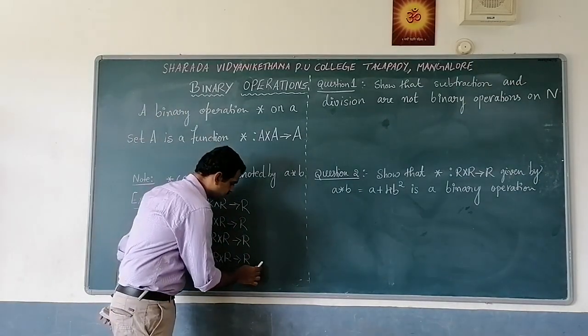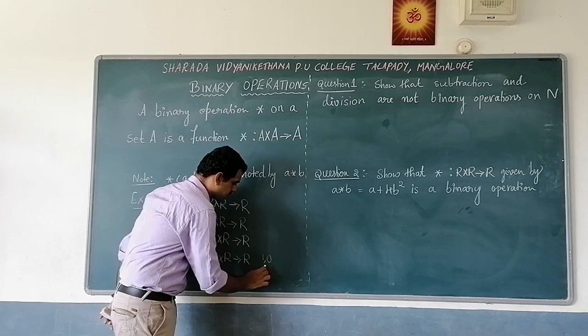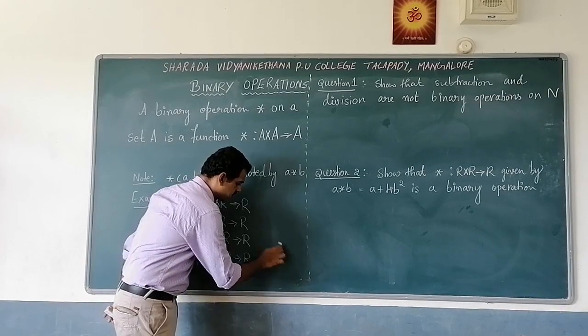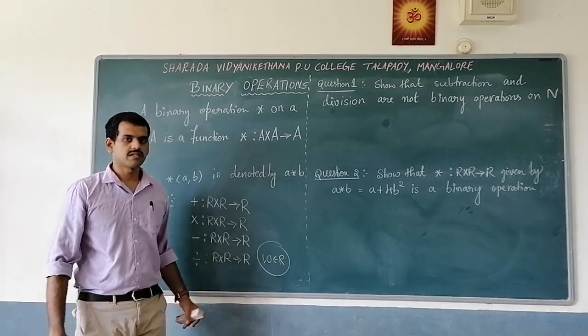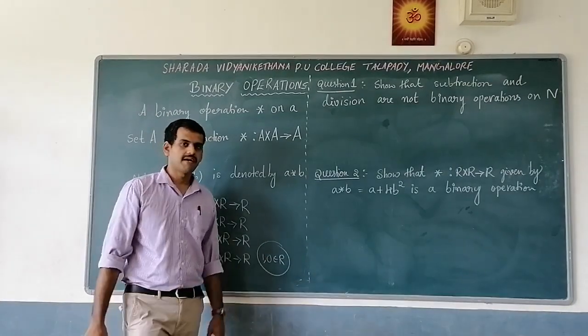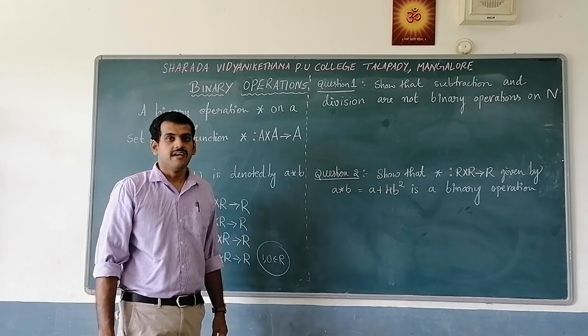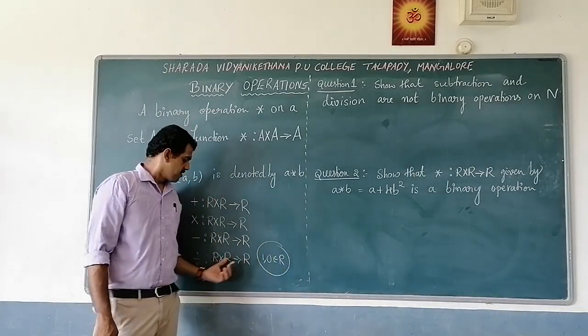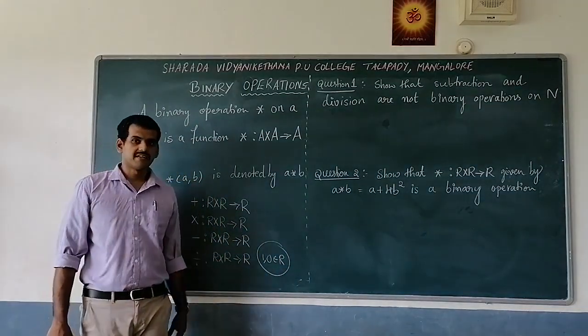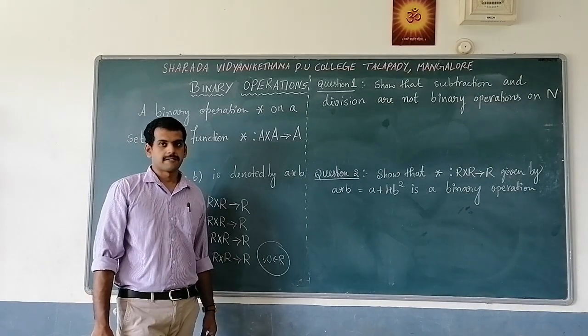If I take 1 and 0, both are real numbers, right? But 1 divided by 0 is not defined. It is not going to be considered as a real number. Therefore, division is not going to be considered as a binary operation.